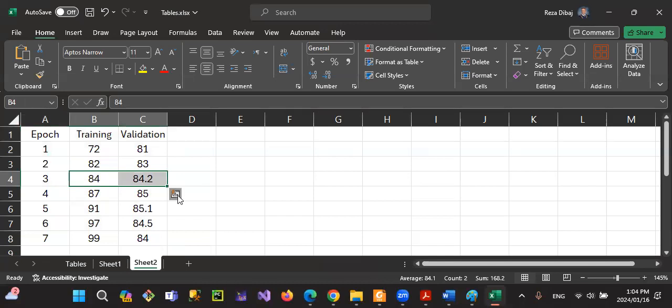Next round, still we have underfitting, but it is tiny, teeny. Next round, we have overfitting. It is 87, while here we have 85. Does it make sense?